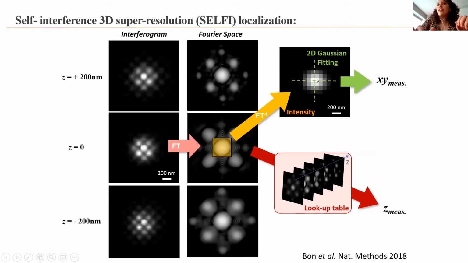By calculating the centroid, we get X and Y. And now for Z, we use the Fourier transforms as a lookup table, so that we compare the Fourier transform that we have from an emitter in a real acquisition with the Fourier transforms of the calibration, so that we will know in which position of Z we are. Because if you observe, the Fourier transforms are different for each position.